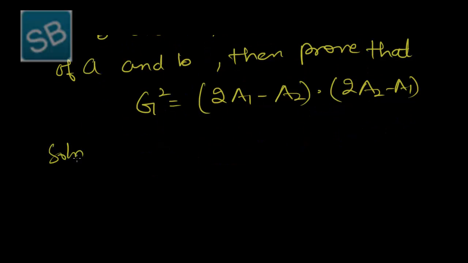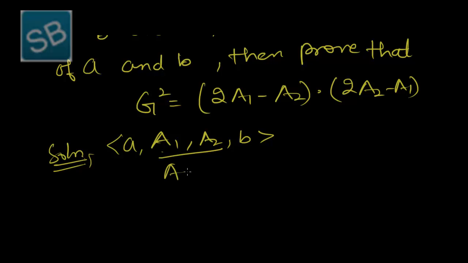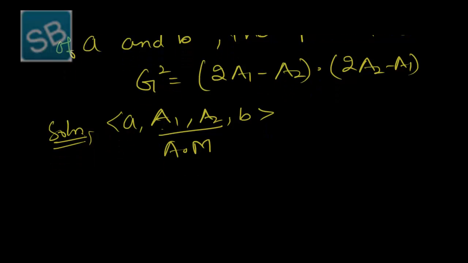Now the solution is, as we have A1 and A2 are two arithmetic means between A and B, and G is a GM between A and B. First of all, we will discuss this case.